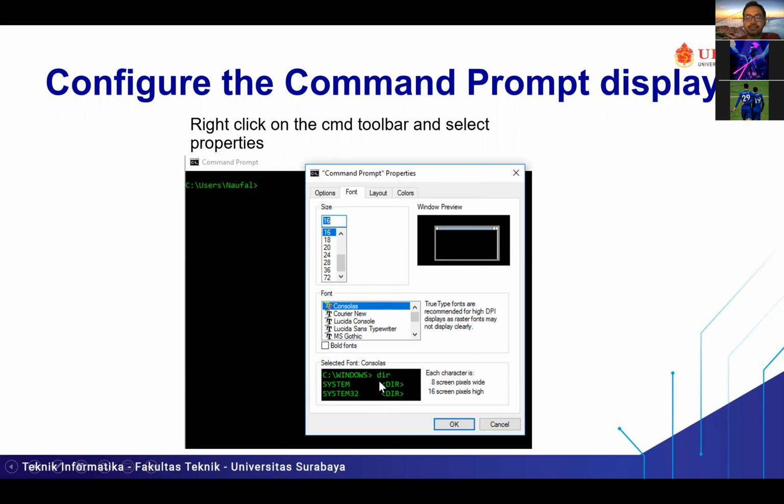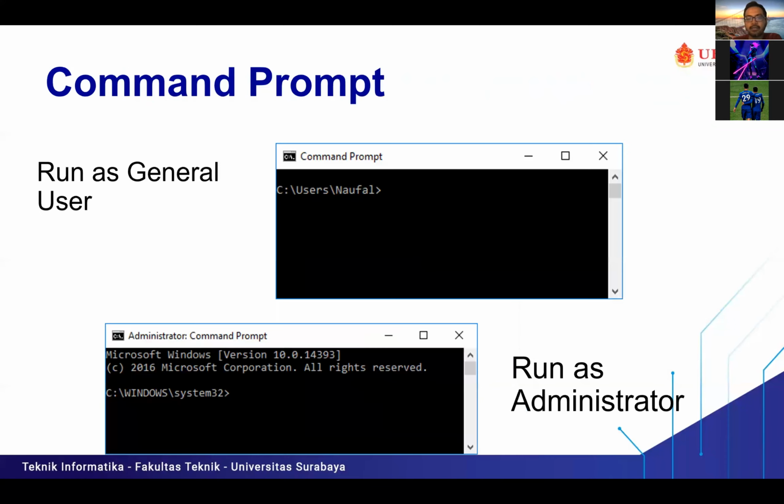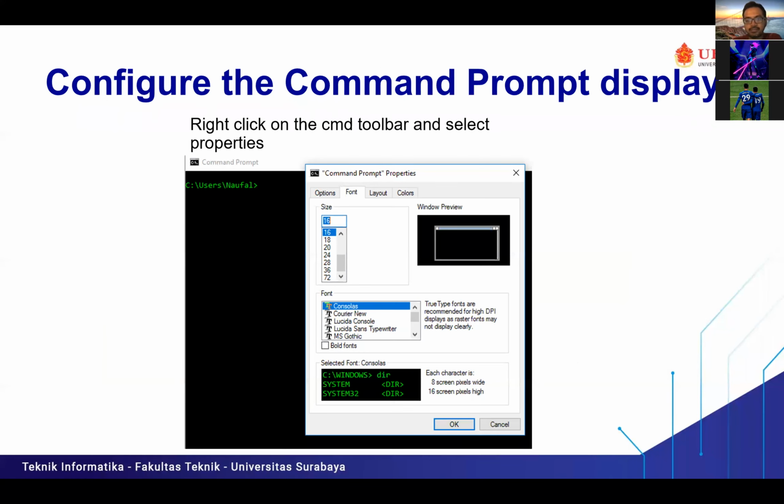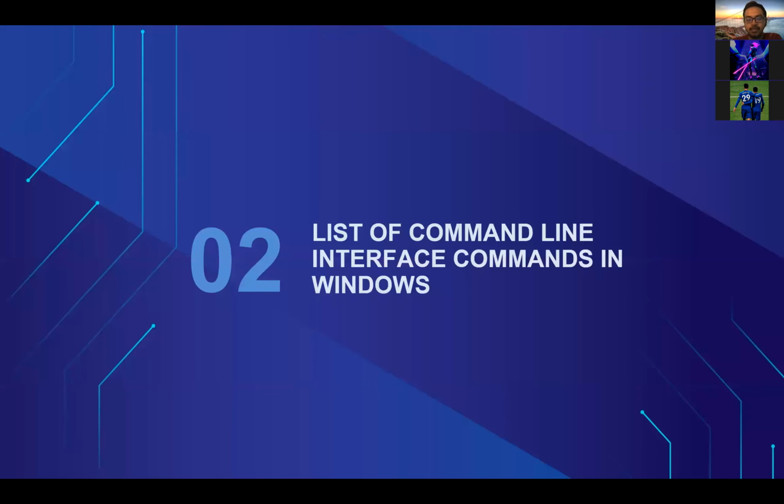The default color is gray because I have changed it before to green. So my current font color is green. Okay, it's just the user interface of CMD. Then we go to the list of command line interface commands in Windows.